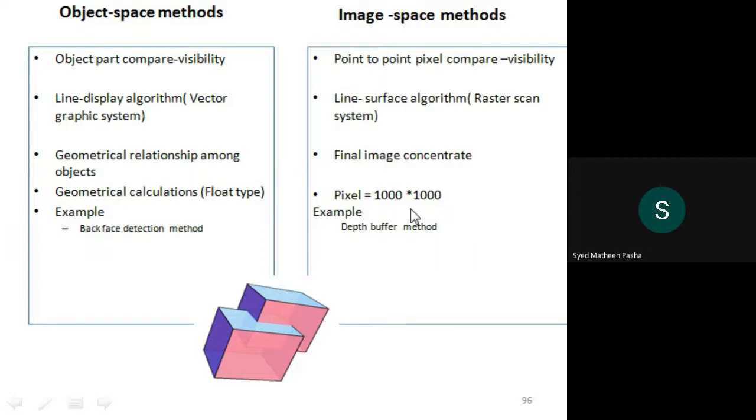As I told you, there are two algorithms we will study: backface detection and the depth buffer method. These are derived from the object space method and the image space method. While writing the answer for the backface detection method, before explaining the algorithm you need to specify that the backface detection method comes under the object space method, where only the physical coordinate systems are considered, whereas the depth buffer method comes under the image space method, where screen coordinate systems are considered.